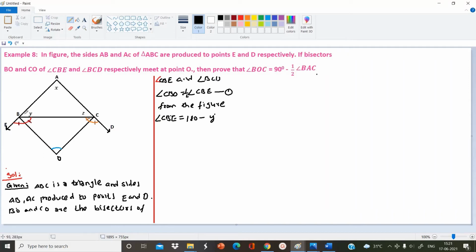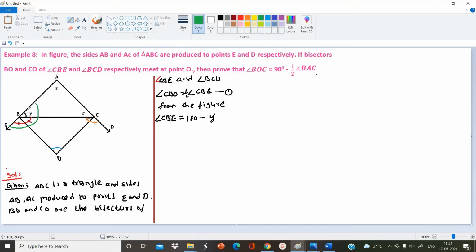Here you can see this is angle y, and ABE is a straight line and the total angle is 180 degrees.